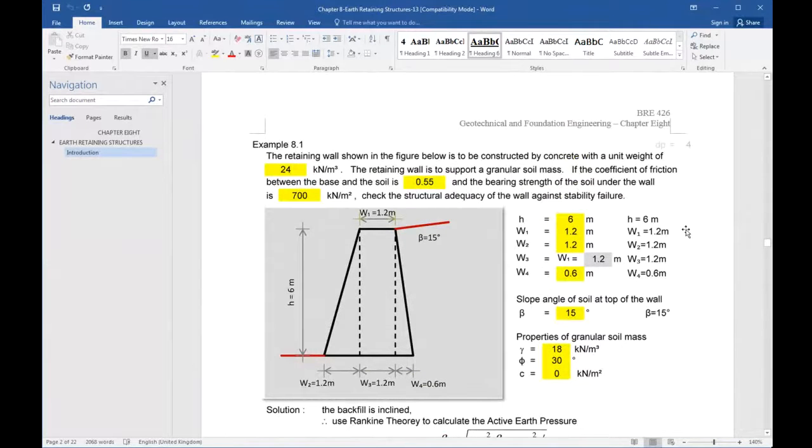Now, let's take a look at Example 8.1. That is a trapezoidal gravity retaining wall.